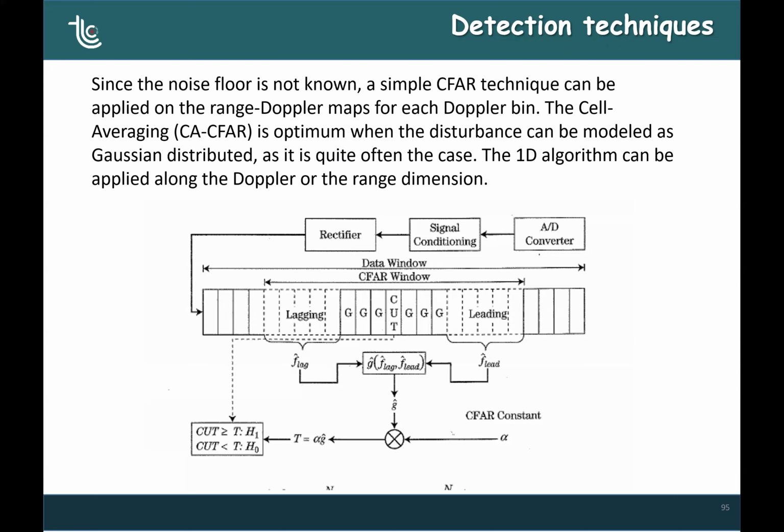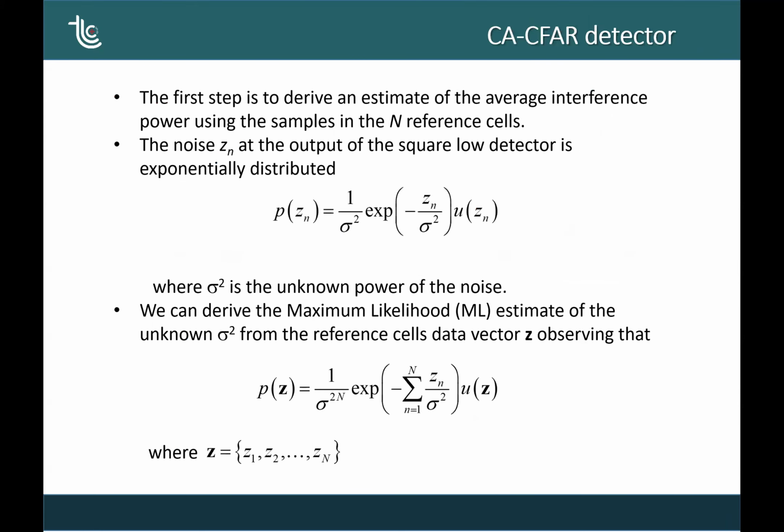CA stands for cell averaging, because we are making the average of all the samples that are in the CFAR window, so lagging and leading samples. Then we multiply this G, the average, times alpha, a constant, and then we have the threshold.